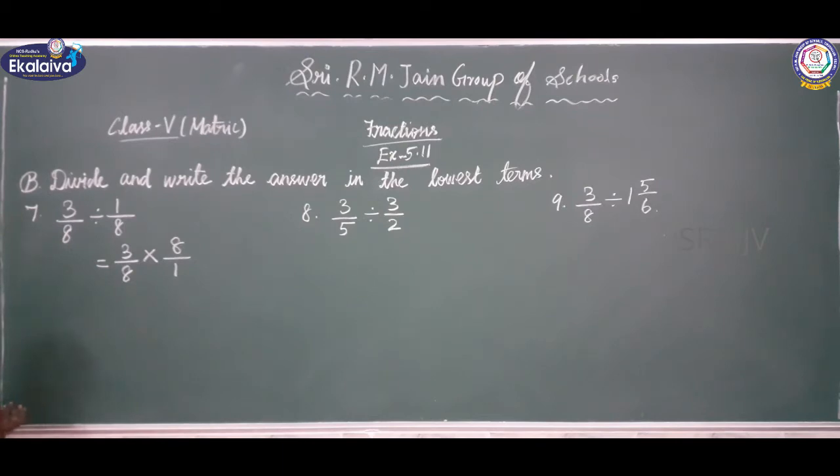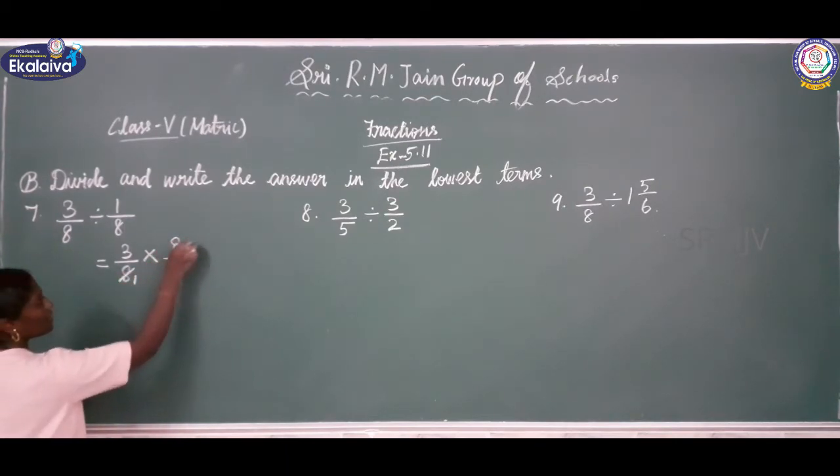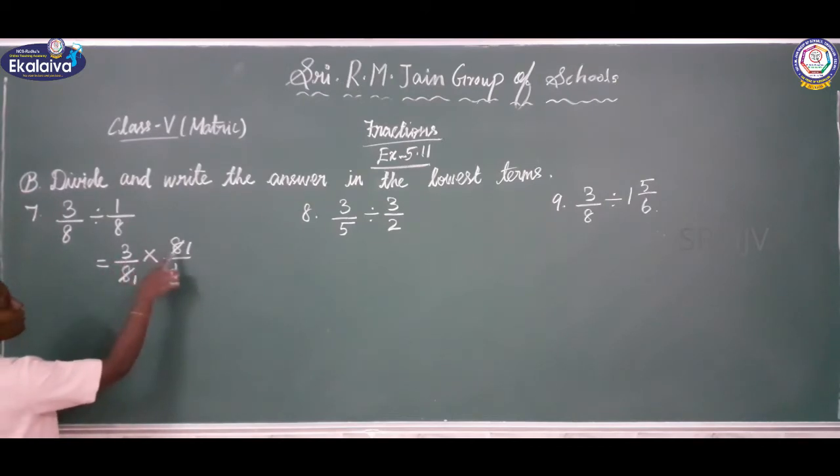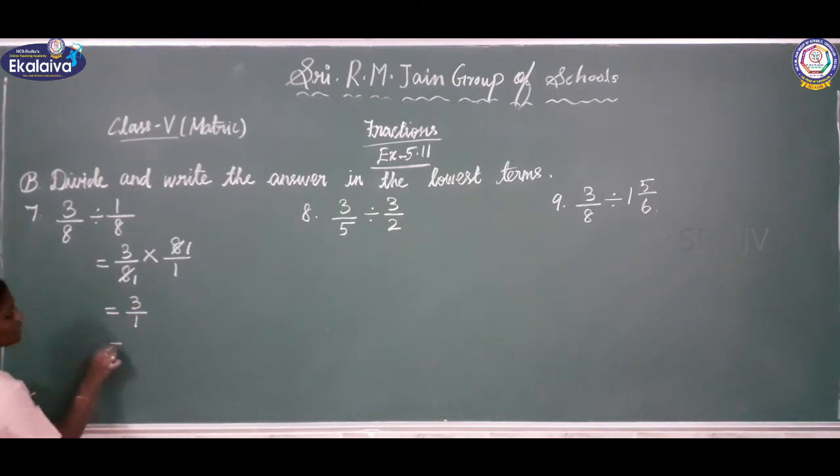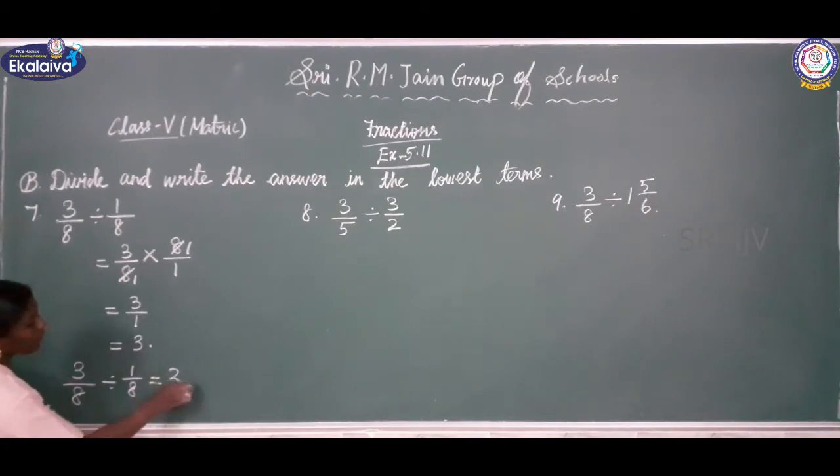Now we have to reduce the numbers. Here 8, 8 we can cancel it, isn't it? One time. Now in numerator 3 into 1, denominator 1 and 1. So 3 by 1 which is equal to 3. So 3 by 8 divided by 1 by 8 is equal to 3.